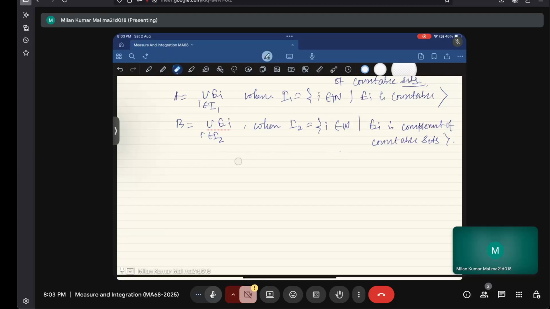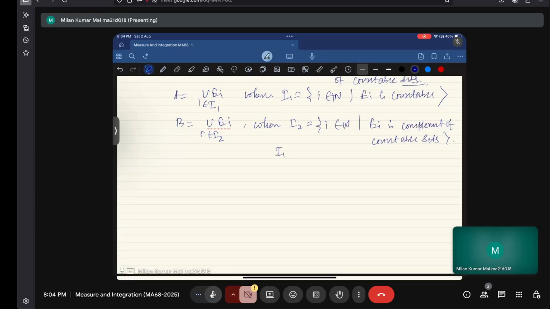A set E_i in S can't be both countable and have a countable complement. That can't happen, because X is uncountable. Therefore I1 intersection I2 is empty, and I1 union I2 is equal to the full set of natural numbers.